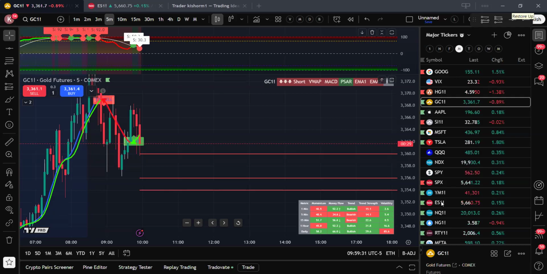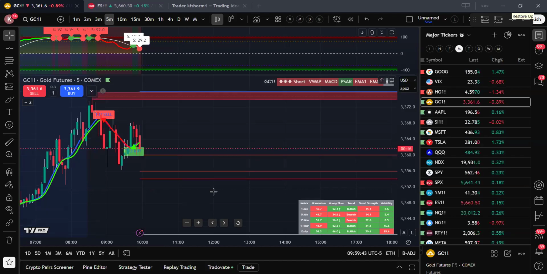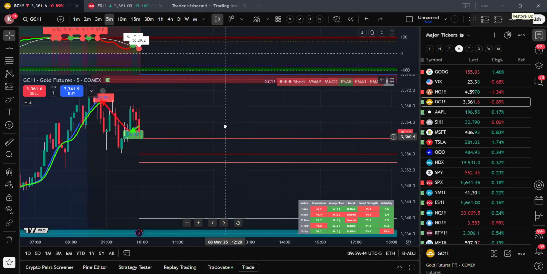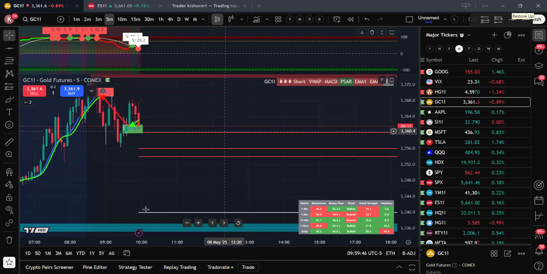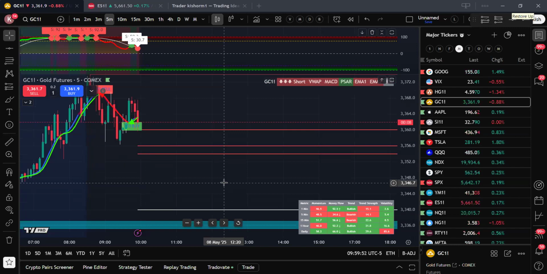Yes, ES is dropping, gold is dropping. If it breaks this level, this is the next level. If it also breaks it, then this one, there is a high possibility for it to come back all the way to the magnetic line, or yeah, to the bottom line.